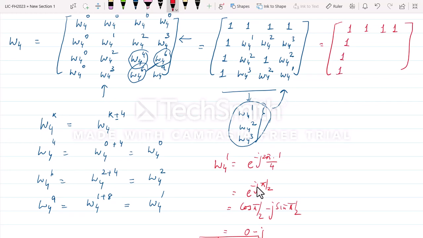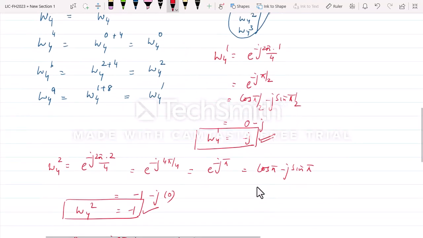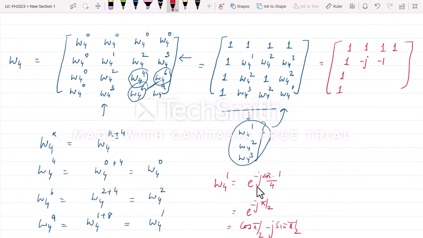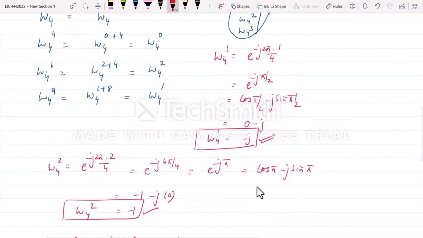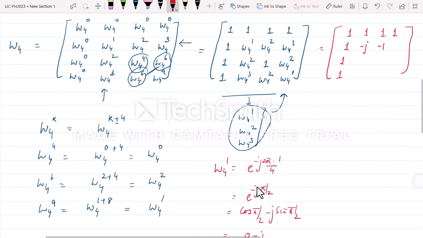W4 1 is minus j, W4 2 is minus 1, and W4 3 is plus j. Same again, W4 2 is minus 1. This one is minus 1. This is 1. W4 2 is minus 1. W4 3 is j. W4 2 is minus 1 and W4 1 is minus j.